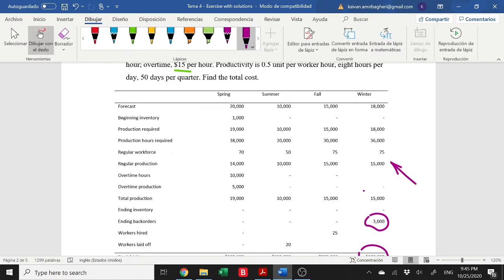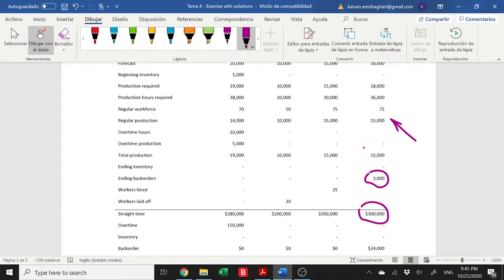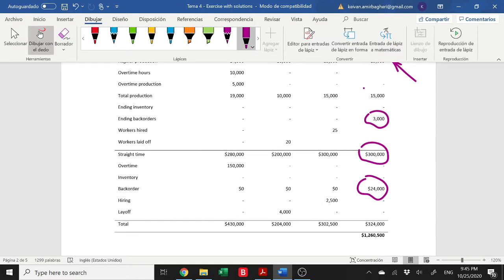So let's check our problem. The problem tells us the back order cost is $8 per unit. So when we have 3,000 units as back order, we need to pay $24,000. In total, $324,000 for winter.